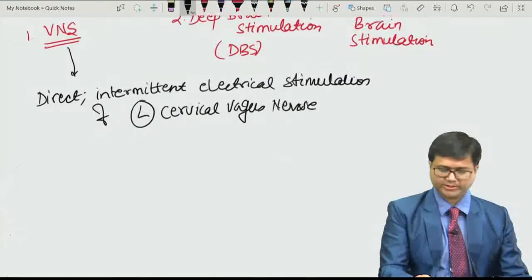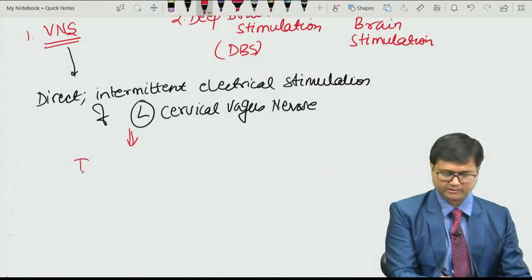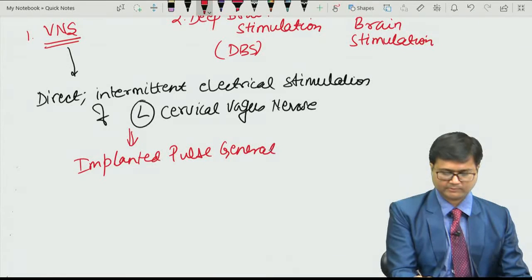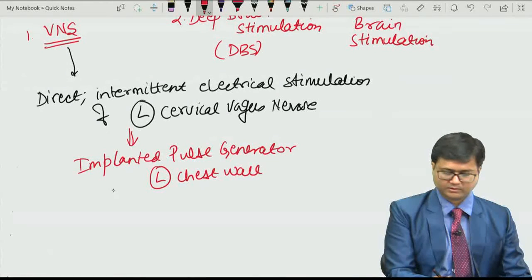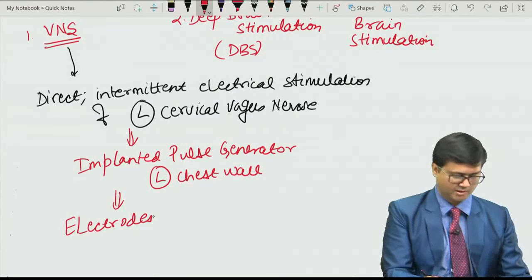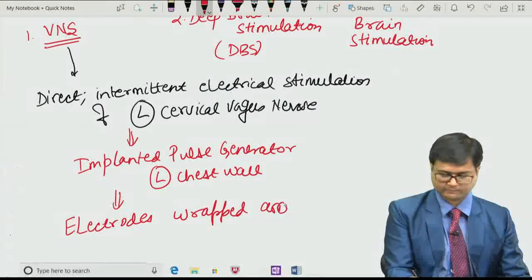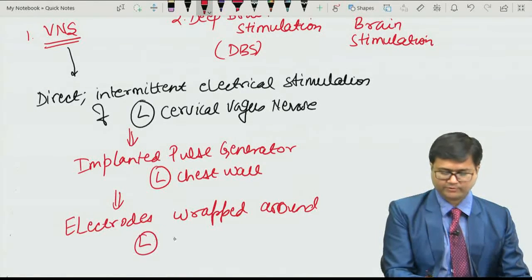This is stimulated via an implanted pulse generator which is on the left chest wall, via the electrodes which are wrapped around the left cervical vagus nerve.